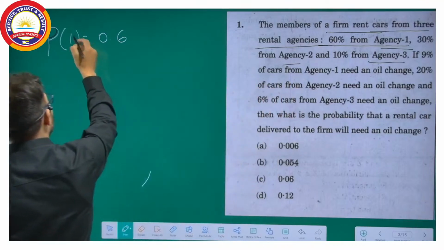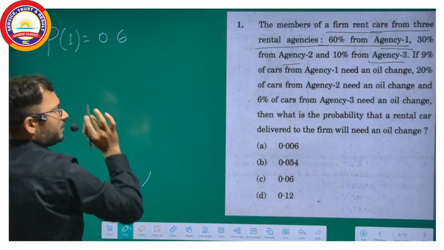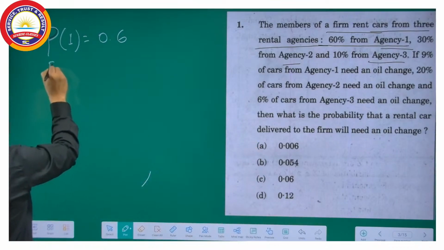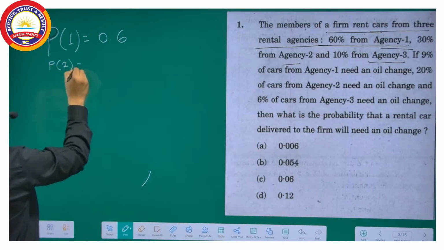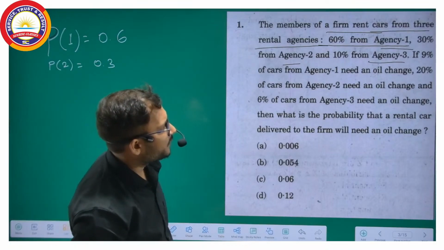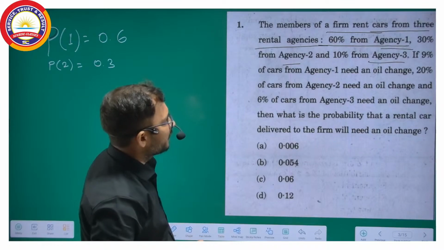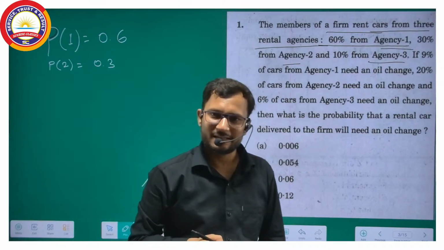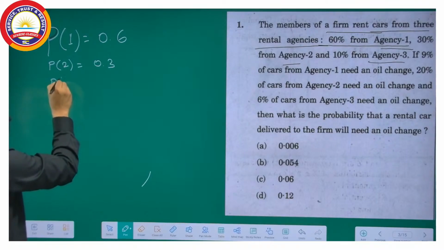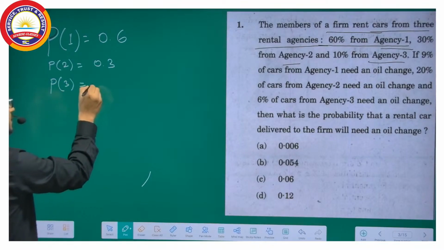For agency 2 this will be P2, and P2 will be equal to 0.3, 30% means 0.3, and 10% from agency 3. So P3 is 0.1.